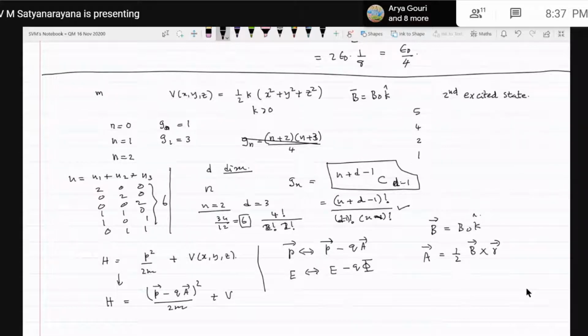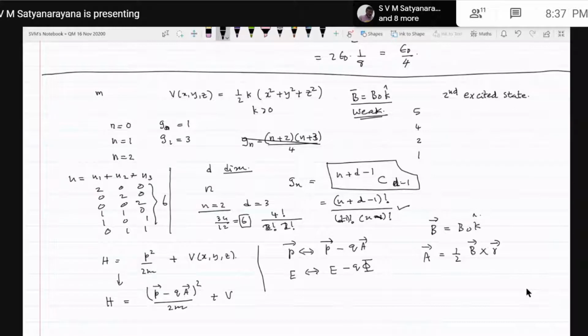It said that it's a weak magnetic field, yes.